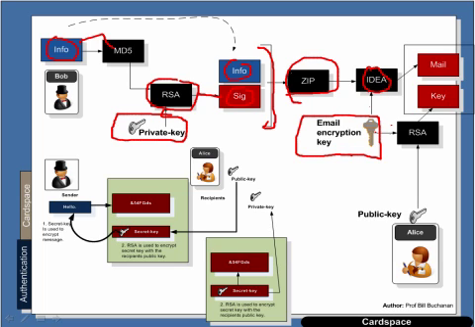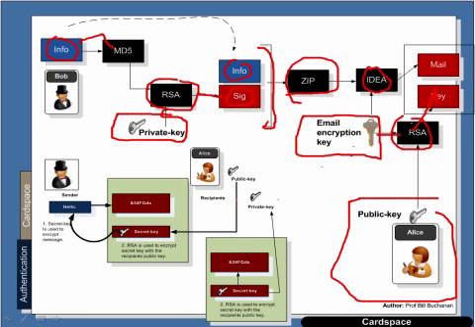Along with this, the key itself is then encrypted using Alice's public key, and then this encrypted key is added to the mail and then actually sent. On the other side, Alice will use her private key to decrypt the key and get the session key from it.